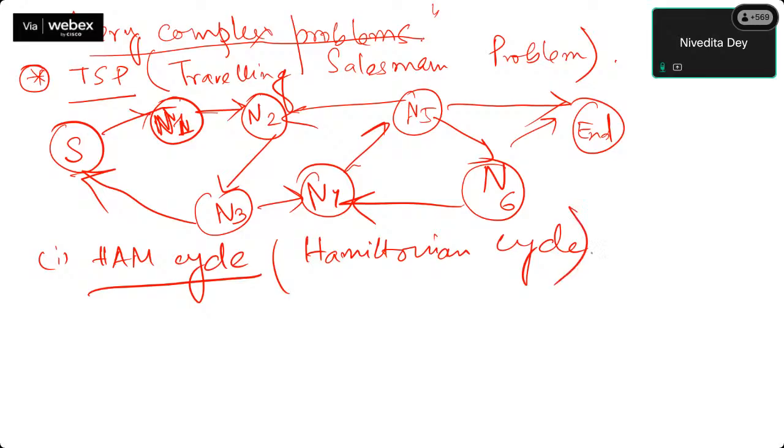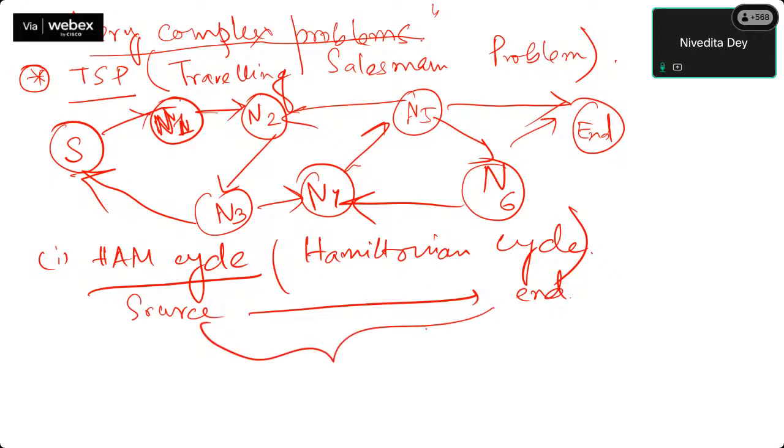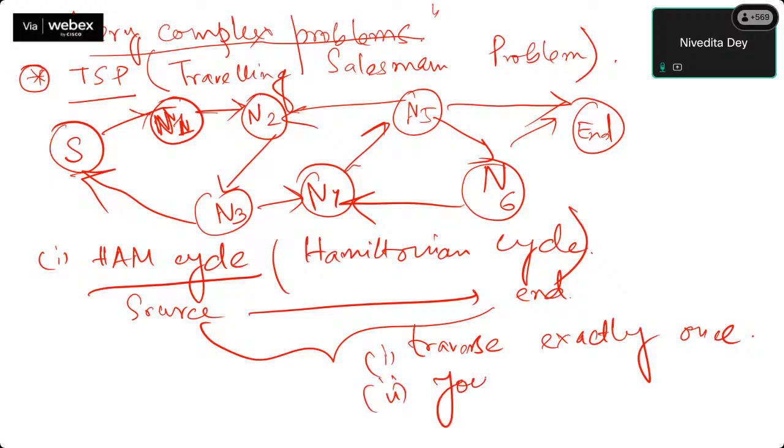What do I mean by that? It means that from source to end, you can traverse. But the condition is, the intermediate vertices you can only traverse exactly once. That's the first condition. Second, you have to traverse all vertices once.